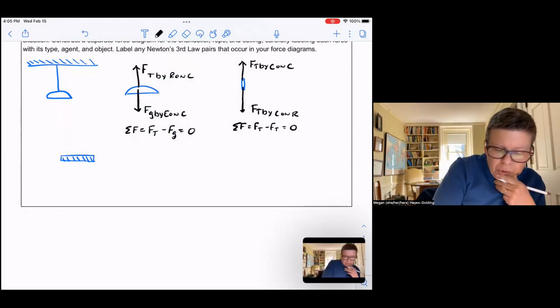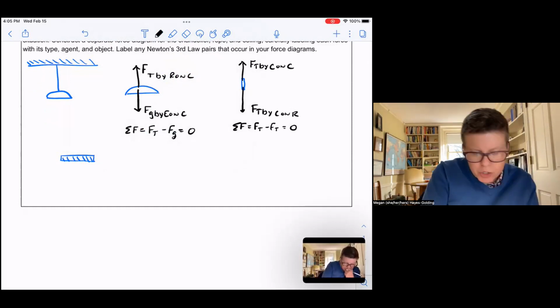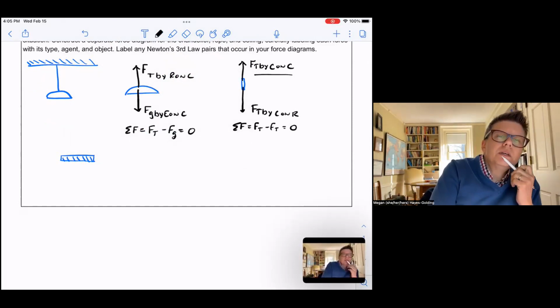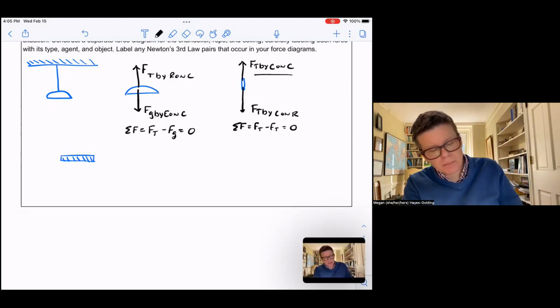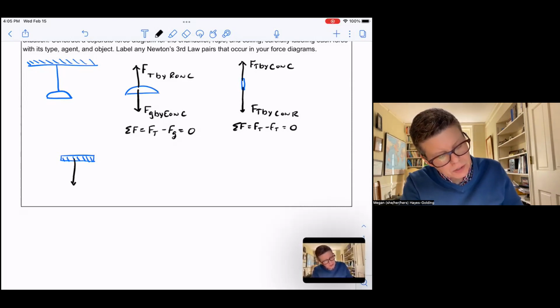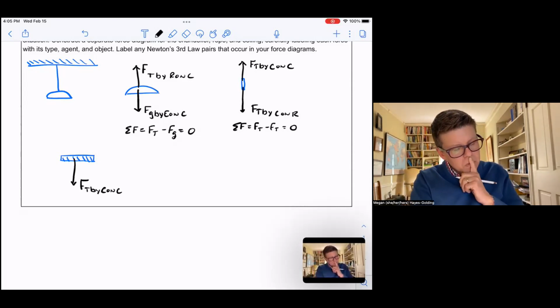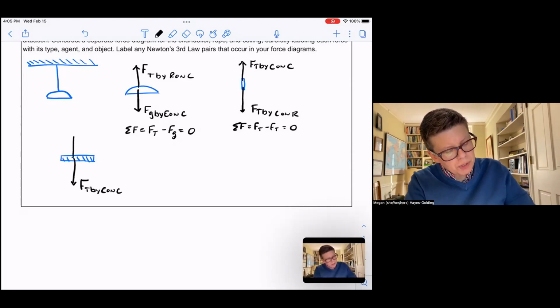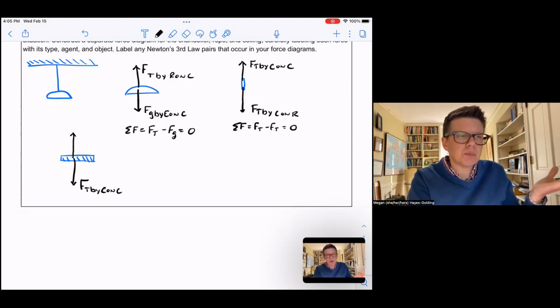All right, so the rope is being supported by the ceiling. I've underlined it here in my diagram. And so I need a downwards force, F tension by rope on the ceiling. And to support that, I need some sort of upward force.